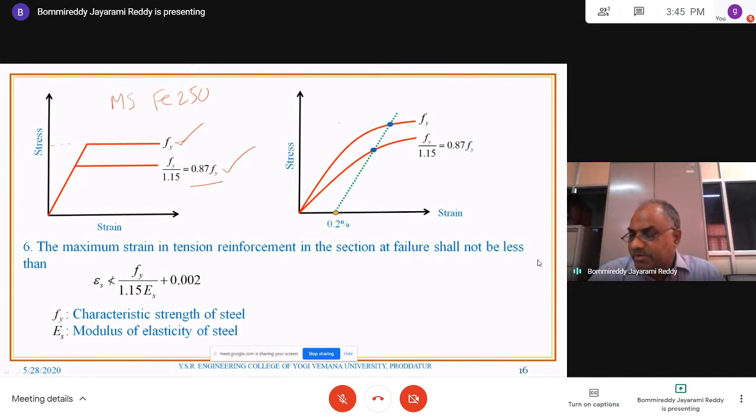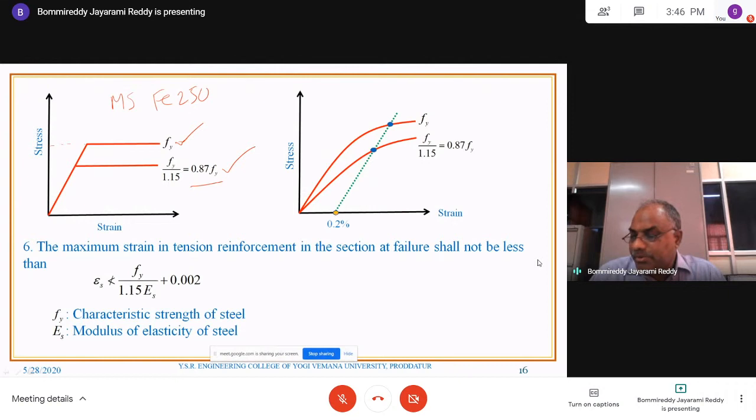In case of HYSD bar, there is no definite yield stress. Yield stress always corresponds to 0.2% of the strain, because it is a curve. Initially it may be a straight line, and afterwards it is a curve, so there is no specific or definite point of yield stress. So the yield stress will be obtained corresponding to 0.2% of the strain.